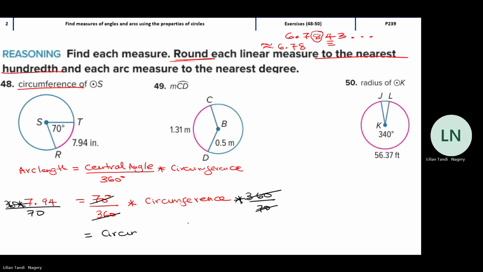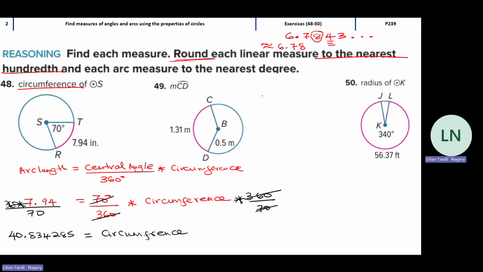So circumference, I will put all this in the calculator and I should get 40.834285, whatever.